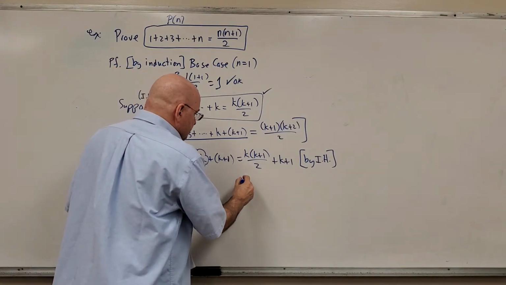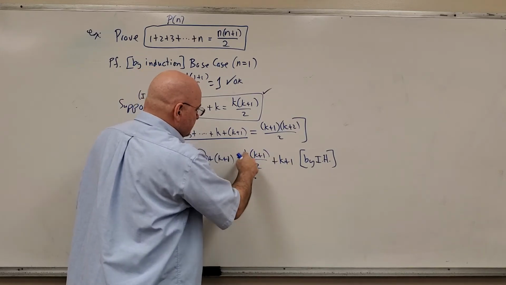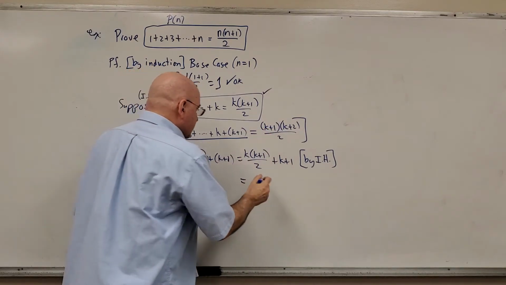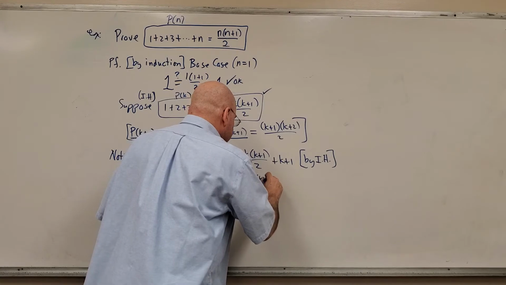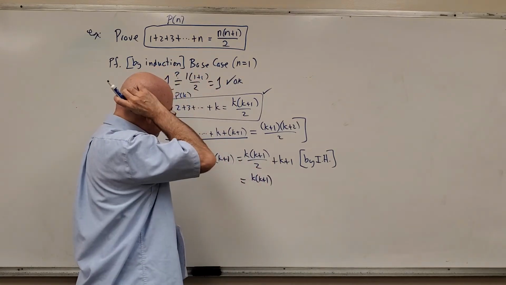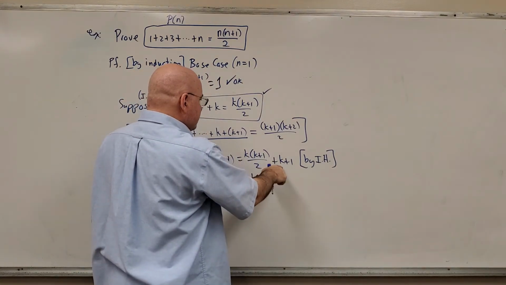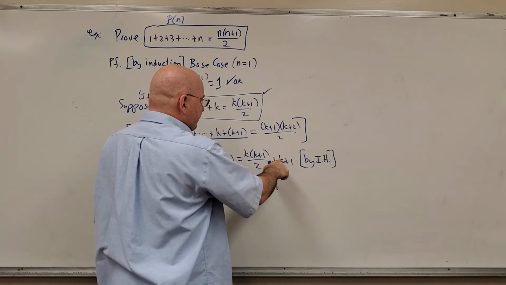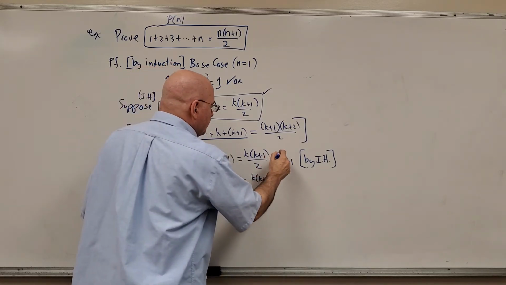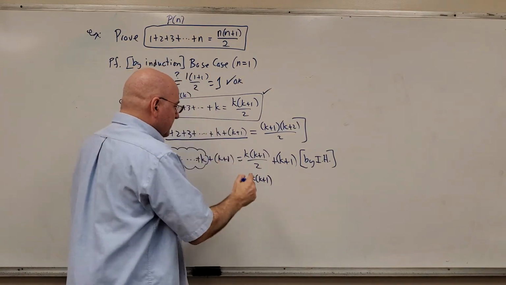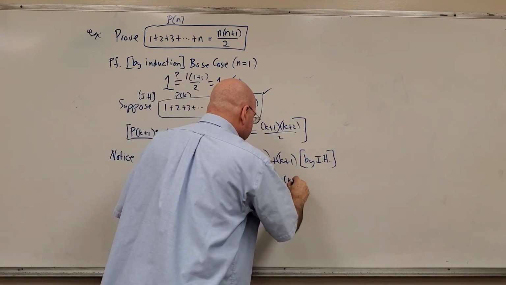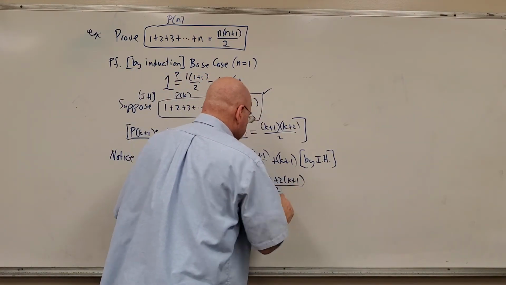All we need is 1 or 2 steps of algebra to show that this is indeed equal to that. So we get k times k plus 1. I'm going to get a common denominator. If I need this to have a 2 as a denominator, I'm going to have to multiply this by 2. So plus 2 times k plus 1, all over 2.